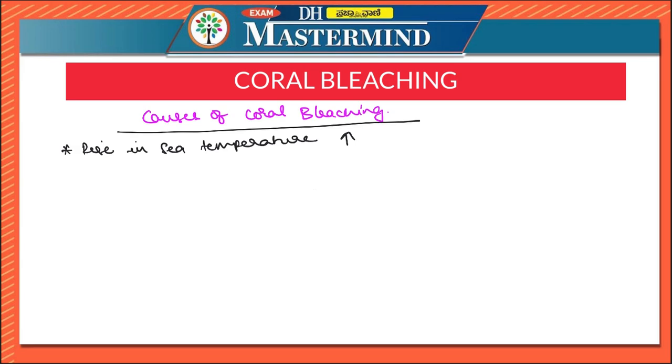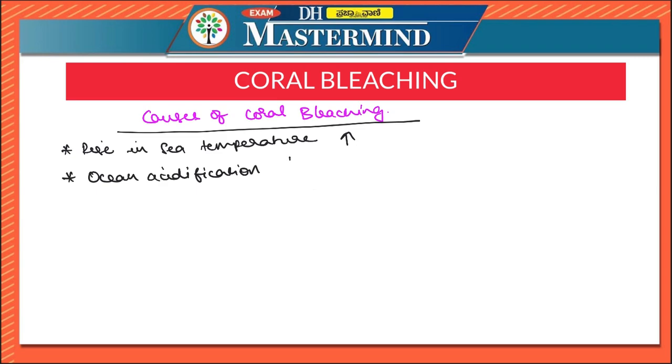The second reason is ocean acidification. As I have already told you, the pH of the sea water is going to affect the corals. Due to the increase in carbon dioxide levels, oceans absorb more carbon dioxide. This raises the acidity of ocean water, and once the acidity increases, it decreases the coral's ability to create calcareous skeletons.